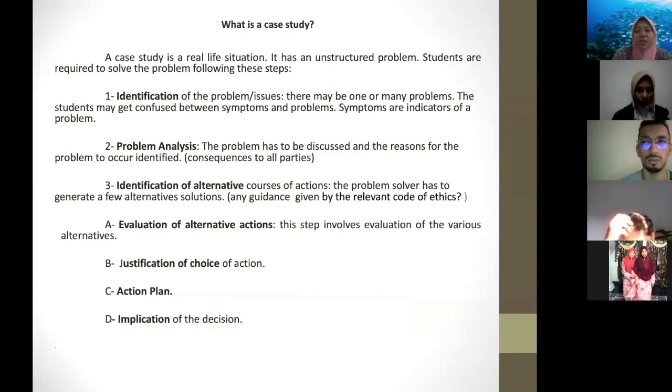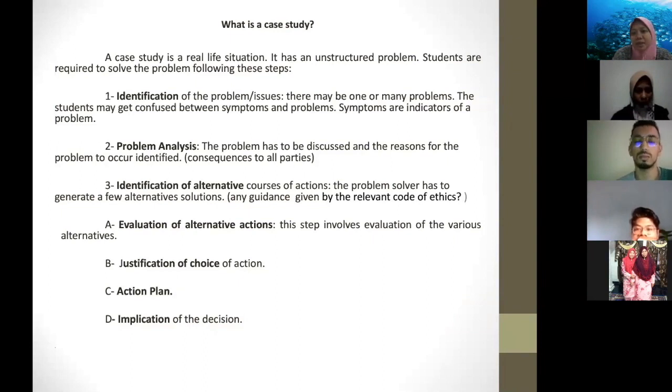One of the easiest ways is to look at medical cases. For example, medically, not in engineering, a patient comes with coughing and chest pain. Those are symptoms.